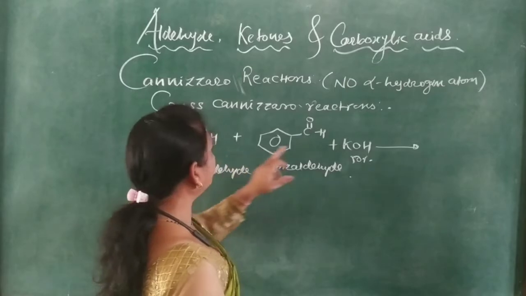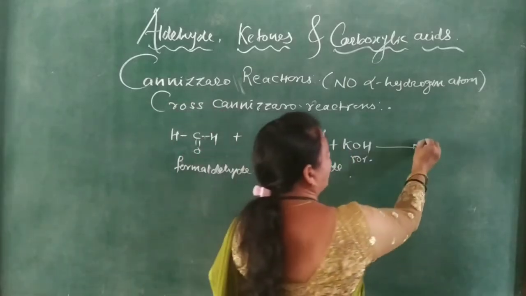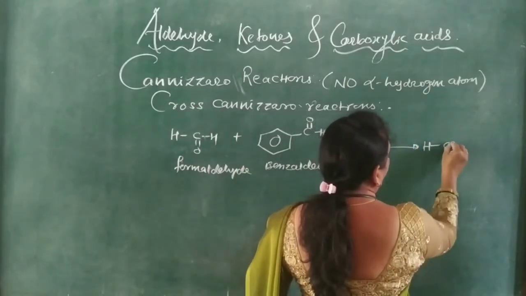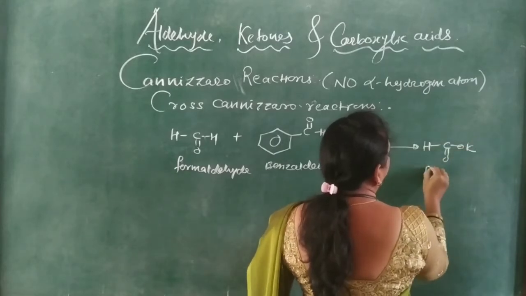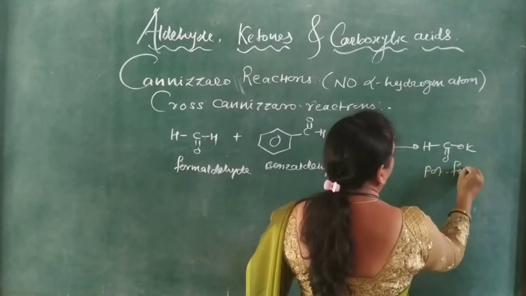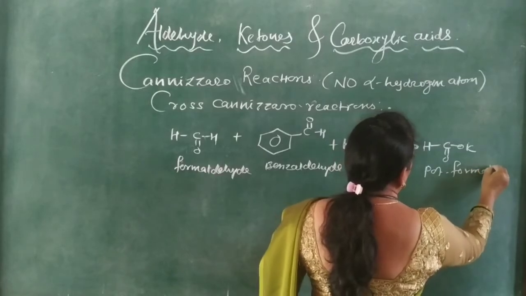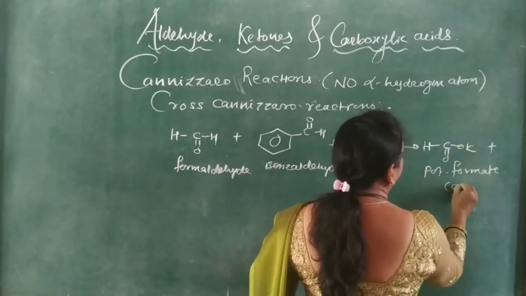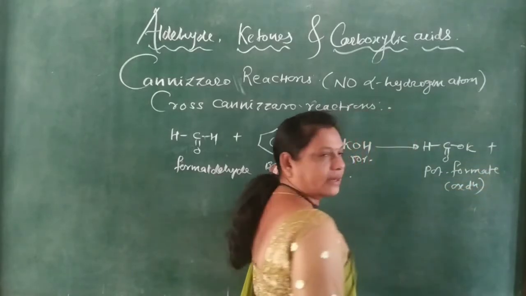Here H gets removed and OK combines here to form HCOOK. This is potassium formate, the potassium salt of formic acid, and this is the oxidized product.